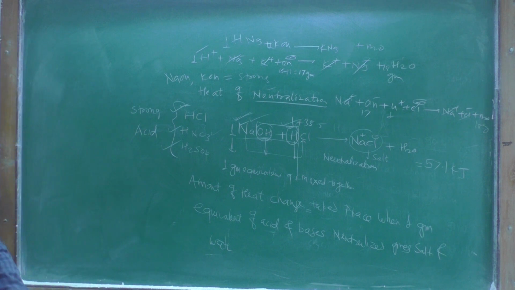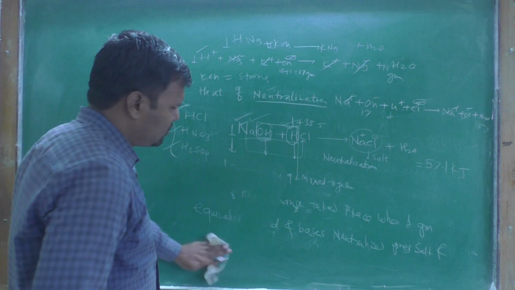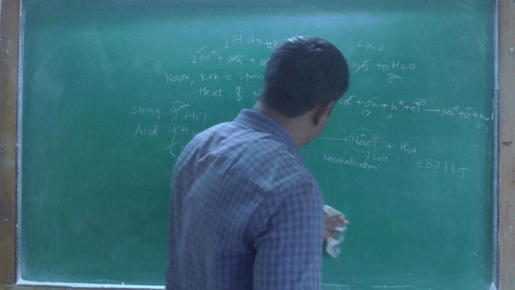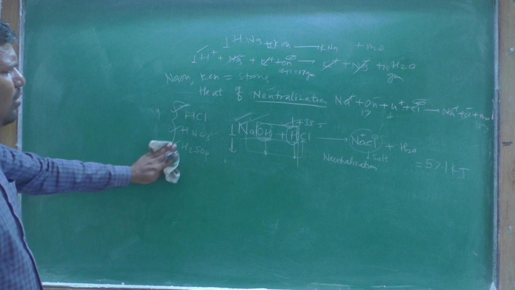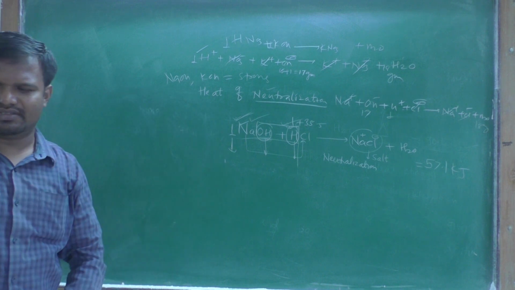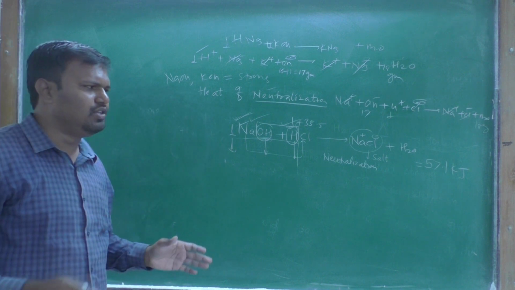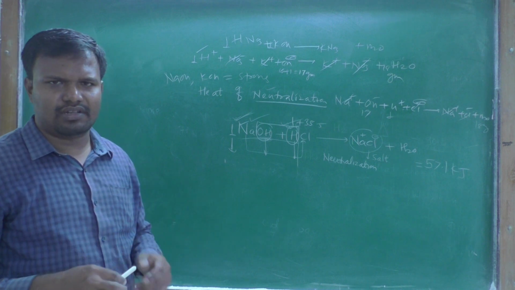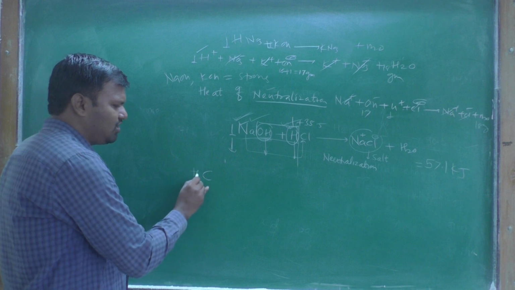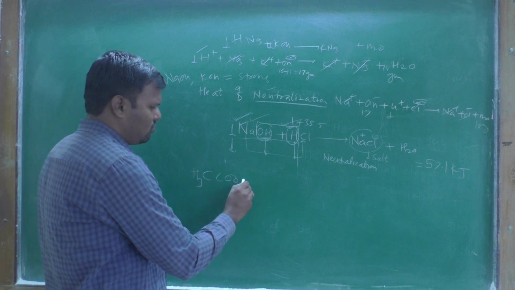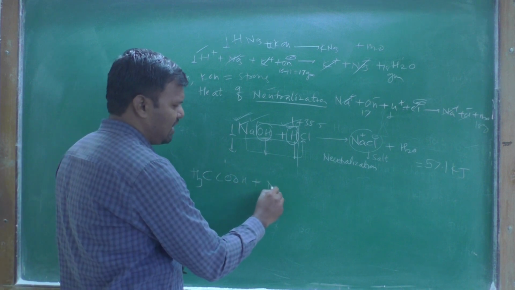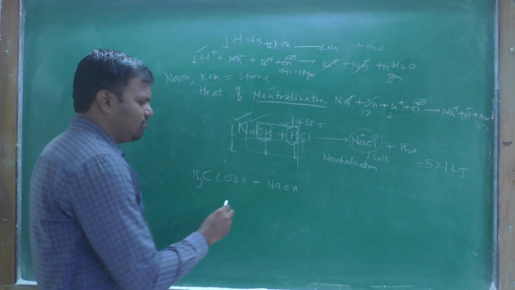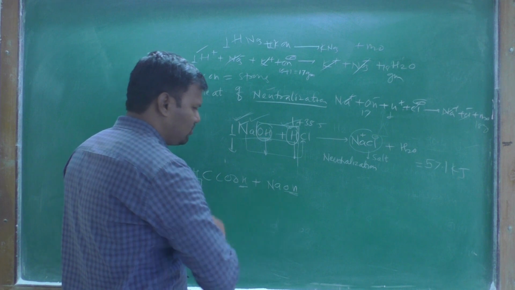Now, for weak acids or weak bases, the heat of neutralization is always less than 57.1 kilojoule. It does not give a constant quantity. Suppose we have CH3COOH, acetic acid, plus NaOH. This is also a heat of neutralization, because it has H and it has OH, and both are neutralized.